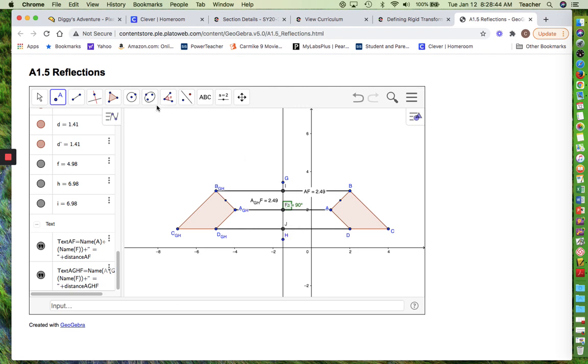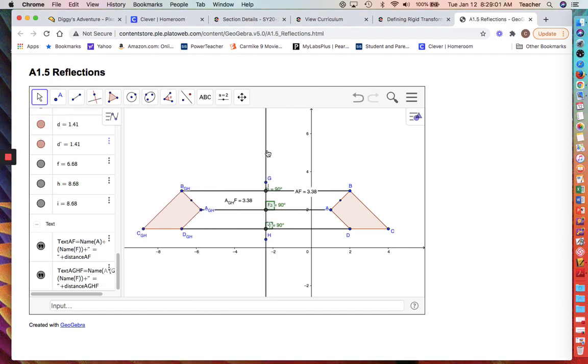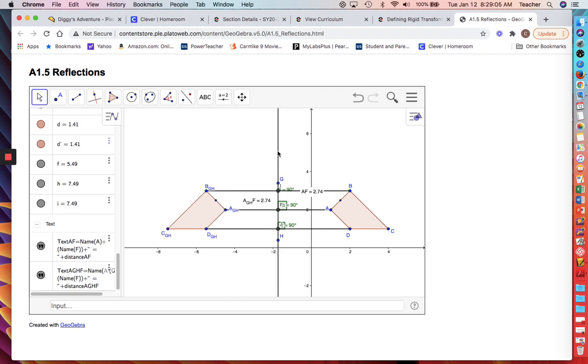Point at the intersection. Mark my angle. I guarantee it's going to be 90. Look at that. Bam, 90. And D, J, F, bam, 90. So the angle is always going to be 90. I'll come over here and hit move, and I'll move this. And you can see that it doesn't change.